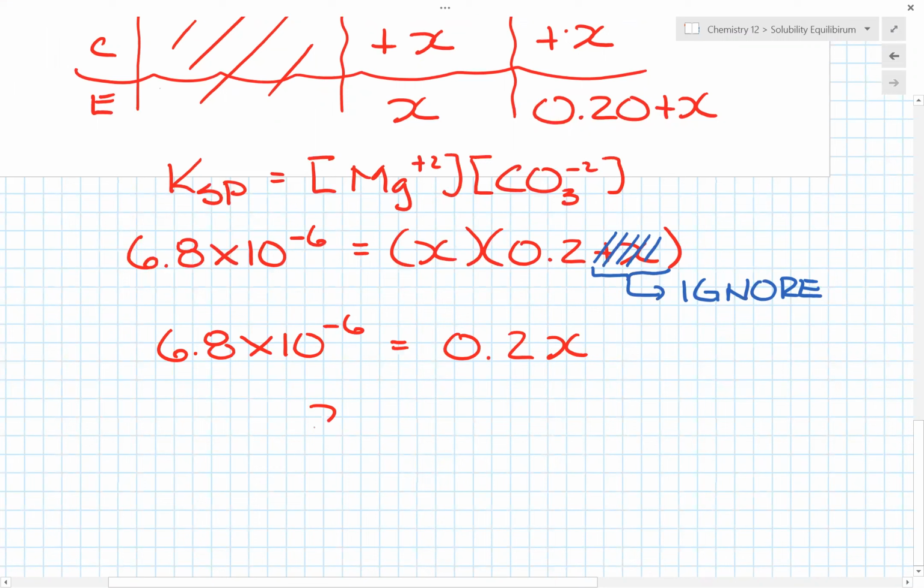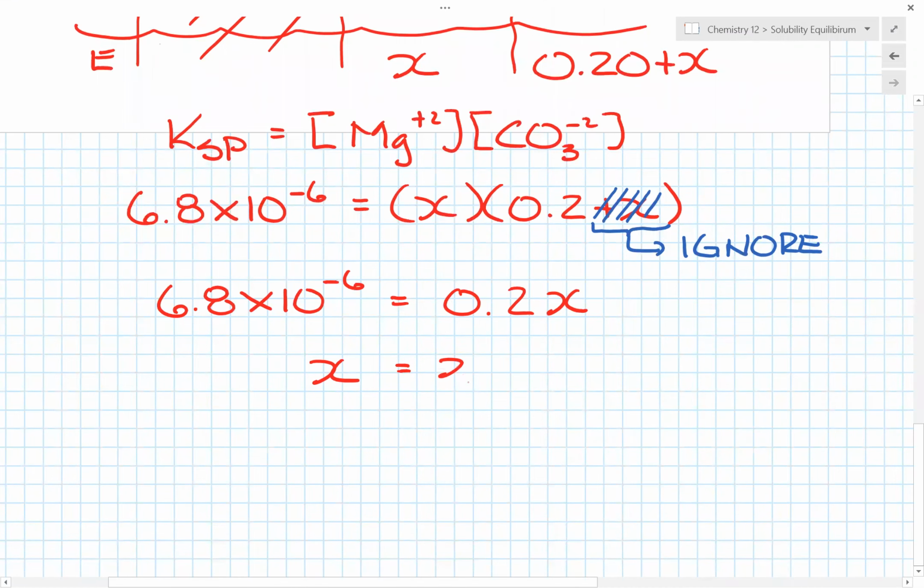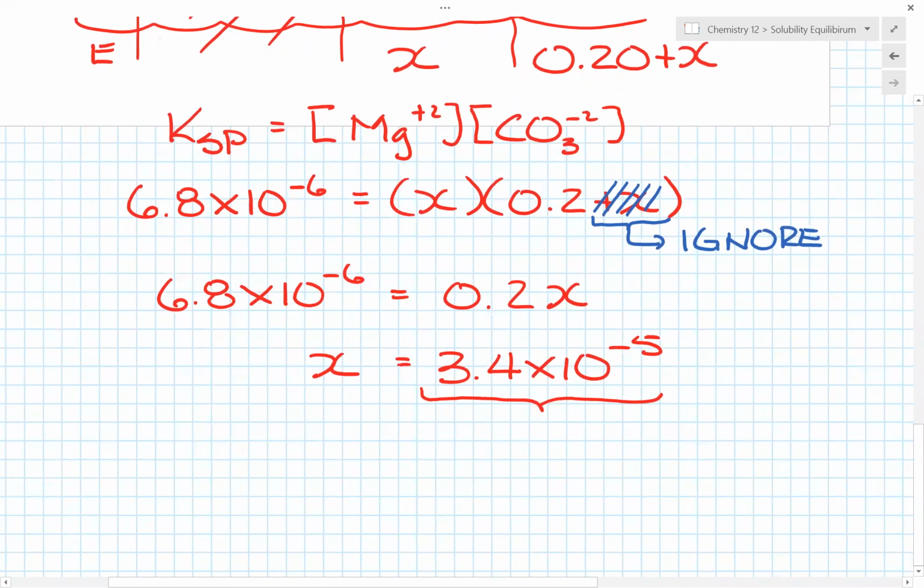0.2x. So x will be 6.8 e to the negative 6 divided by 0.2. So I get 3.4 times 10 to the negative 5. And this x is how much dissolved.